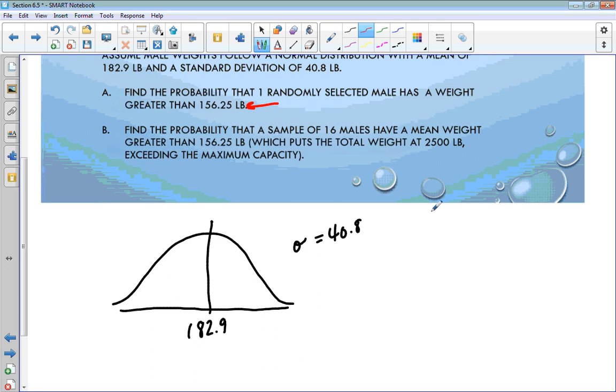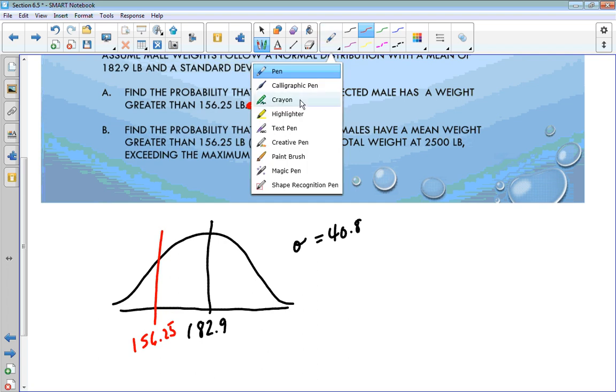Well, if I look at my distribution here, I can quickly see that 156 and a quarter is going to be down lower than our mean. And I'm just going to randomly pick someplace, 156.25. So I want to know greater than.